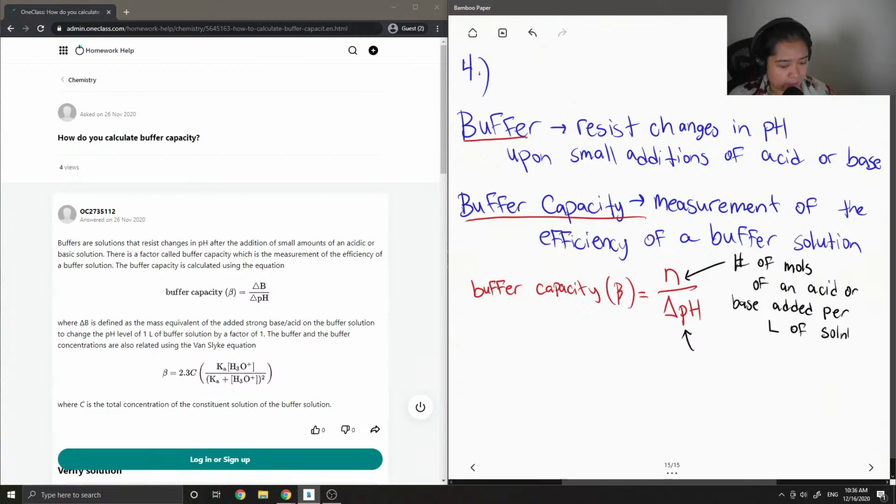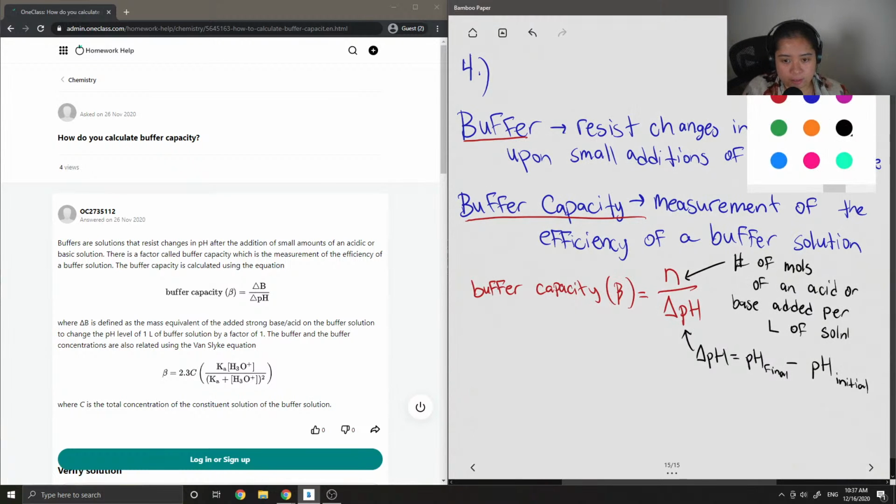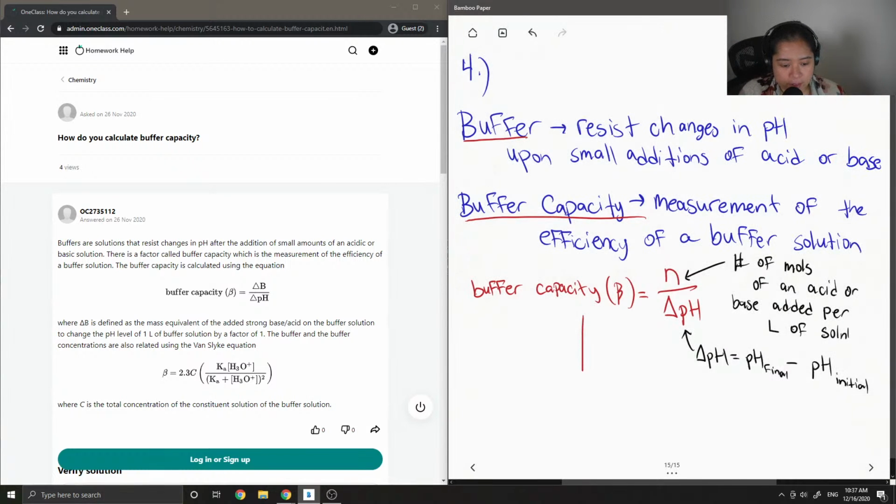And delta pH is pretty much the change in pH, which is equal to the pH of your final solution minus the pH of the initial solution. Okay, so pretty straightforward. This can also be written as beta is equal to delta B over delta pH.